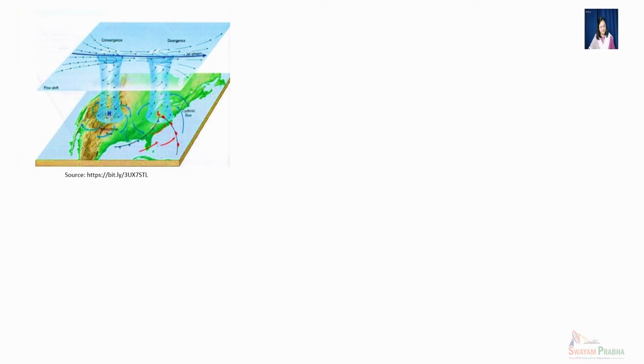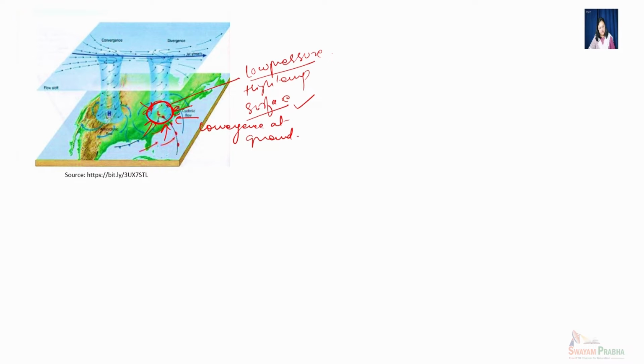So as you can see in this diagram, also the regions which receive more insolation develop low pressure conditions due to high temperature on the surface. These low pressure centers are regions of convergence at ground surface, and after the convergence the air ascends. Contrary to the convergence at ground surface, the low pressure center regions have divergence in the upper atmosphere.